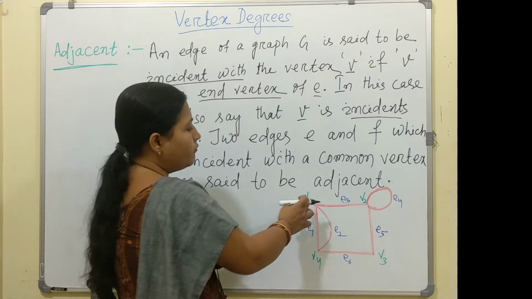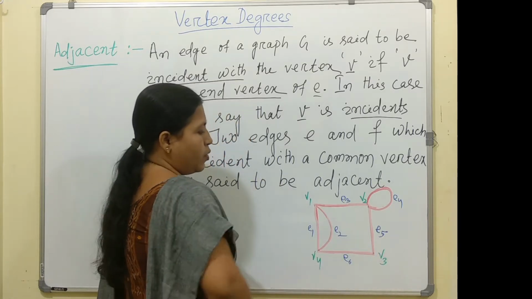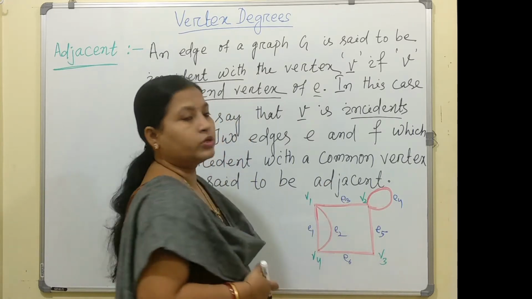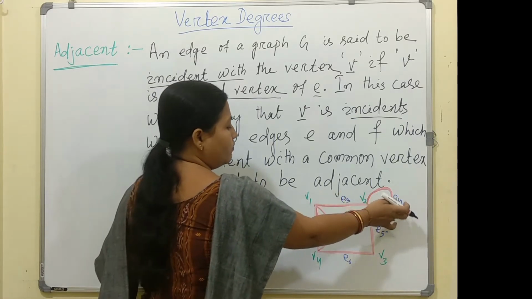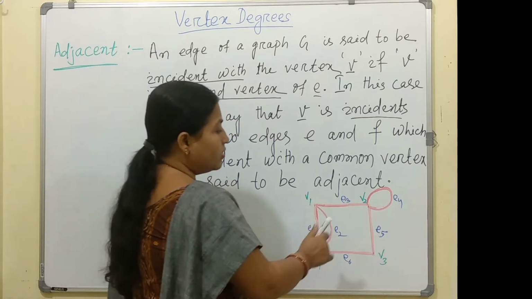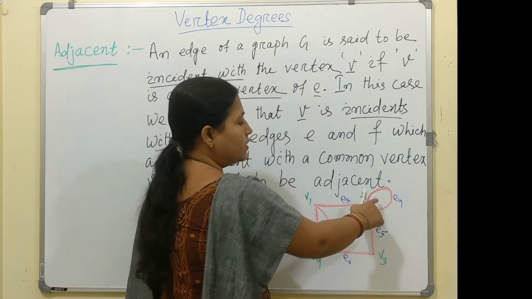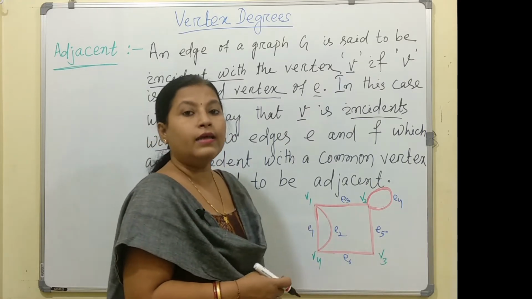There are 4 vertices V1, V2, V3 and V4, and there are 6 edges: E1, E2, E3, E4, E5, E6. See here, E4 is a loop and E1, E2 are parallel edges.